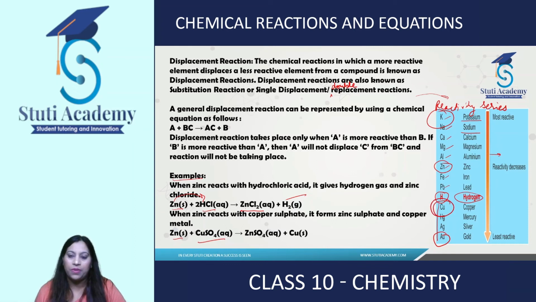Here copper is present and here we have zinc. So zinc can easily displace copper and takes up its place and combines with sulfate and it becomes zinc sulfate and copper is left behind. Now this type of reaction is a displacement reaction. Here only one element displaces the another element.